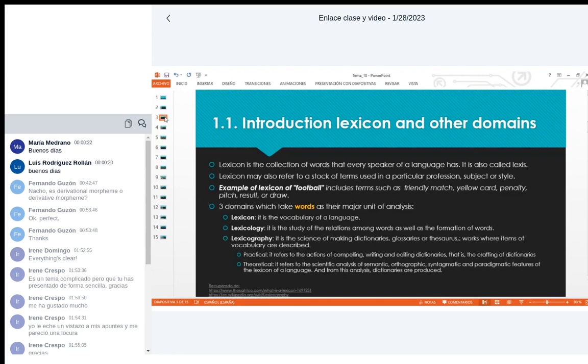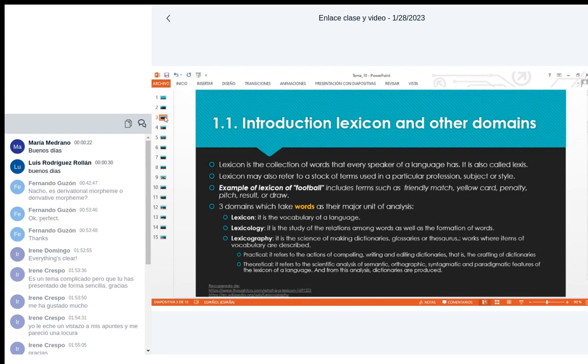Now, all of this is also a lexicon. We could agree that lexicon could be related to what we call a semantical field, so words that are related or belong to the same family, to the same aspect.